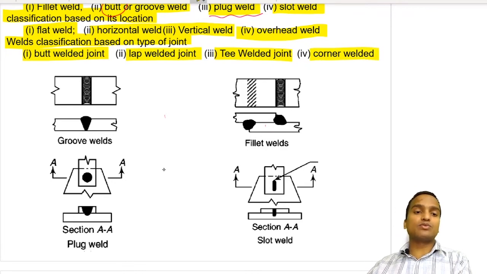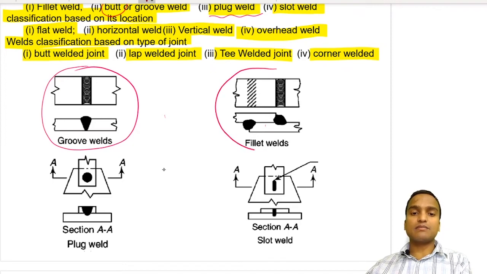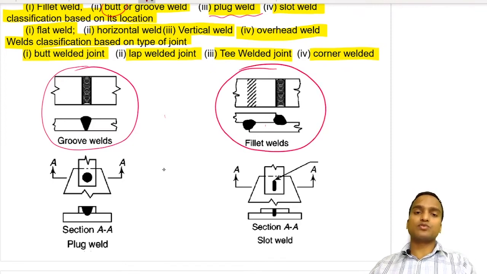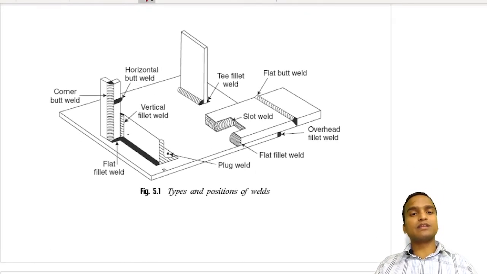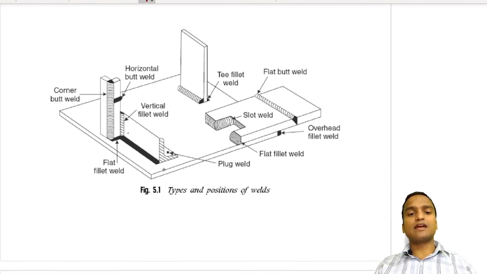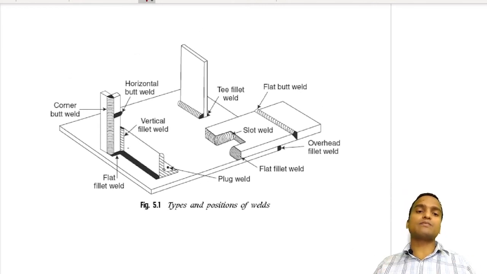So butt welded joint, you can see this diagram of groove weld comes under the category of butt welded joint. Lap welded joints are same as the fillet welds. T welded joint and corner welded joint I am showing you. So this is the diagram, which is very nice. And in this diagram only, there are different types of weld which are being shown already.